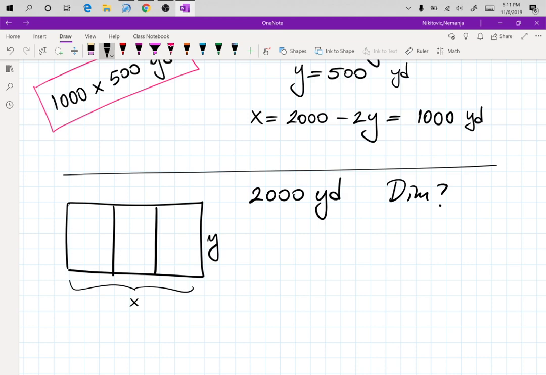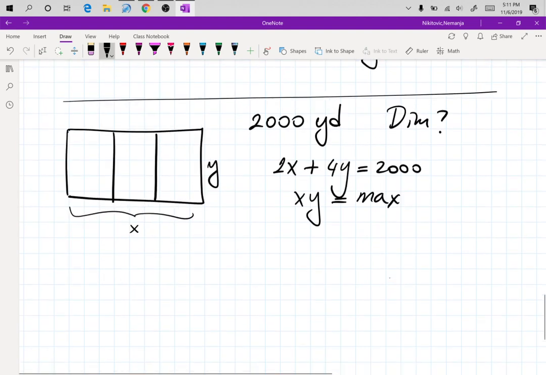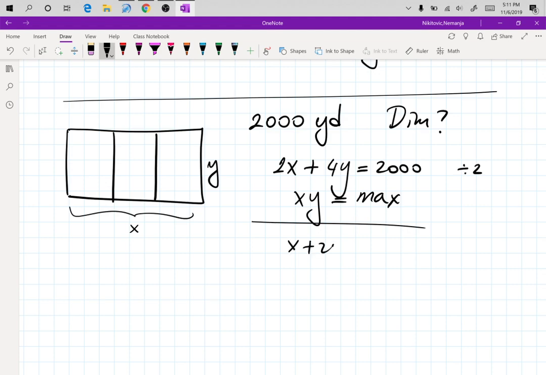Does this change anything that we introduced two divisions in the middle? Yes, before it was 2y, now it's going to be 4y. So 2x plus 4y equals 2,000, and again xy equals max. And if you divide this one by 2, you get x plus 2y equals 1,000.